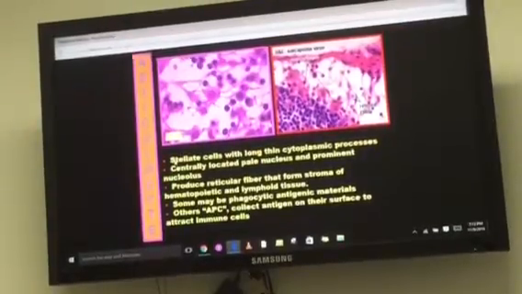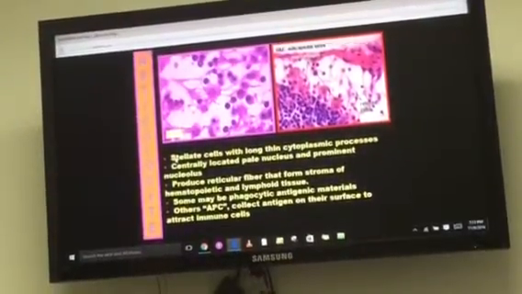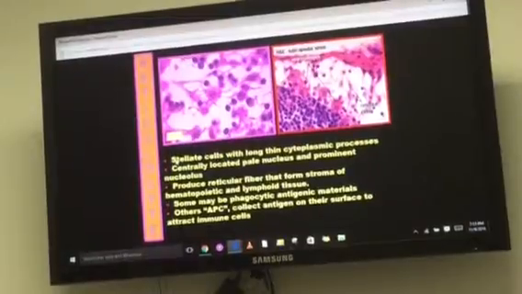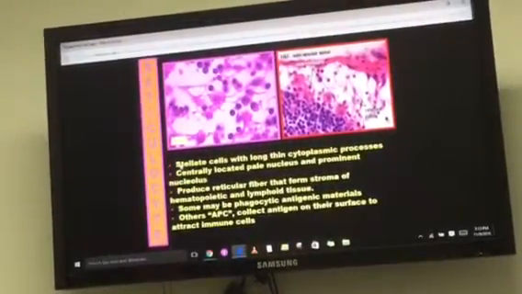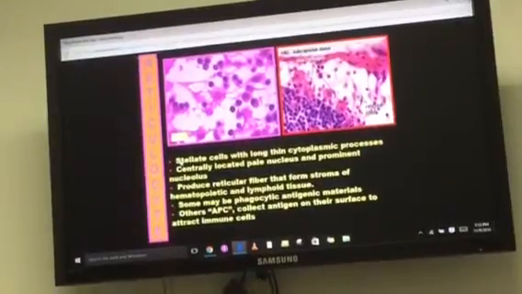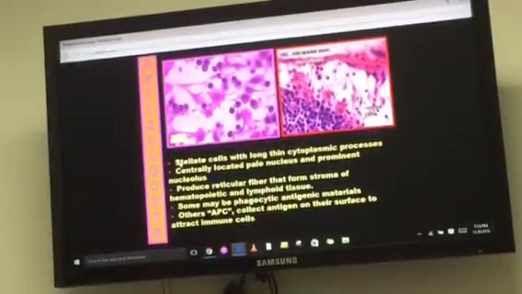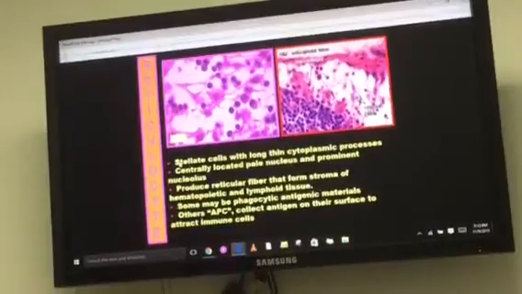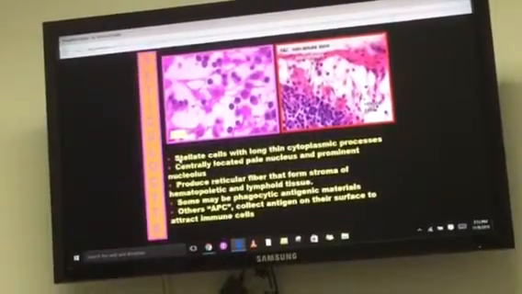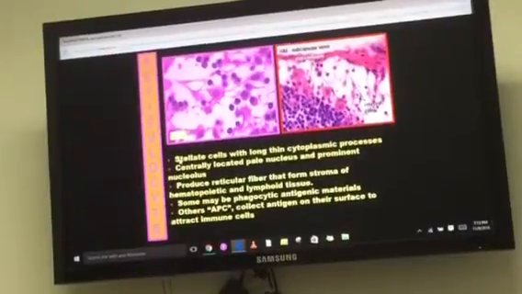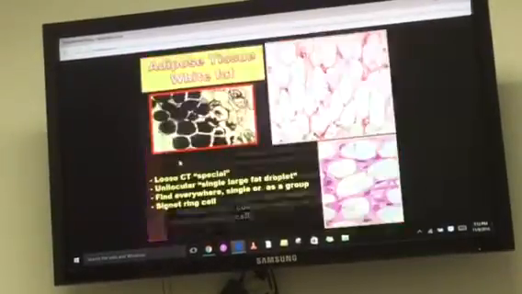They produce reticular fiber that forms the stroma of hematopoietic and lymphoid tissue. Some may be phagocytes of antigenic materials. And then other APCs collect antigens on their surface to attract immune cells.